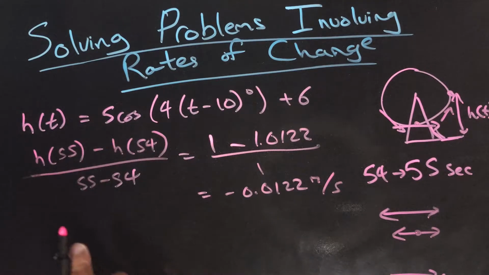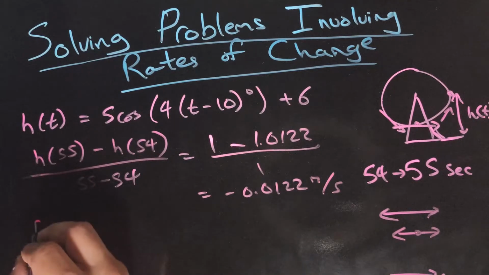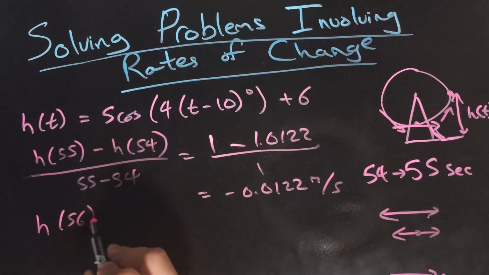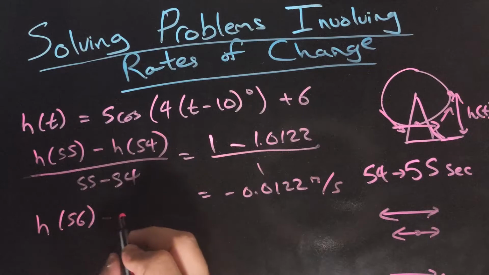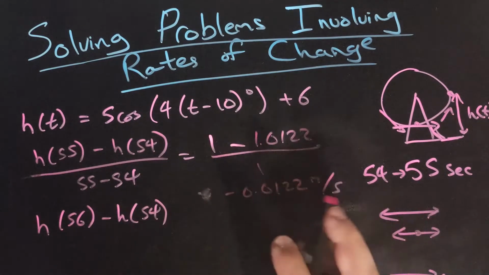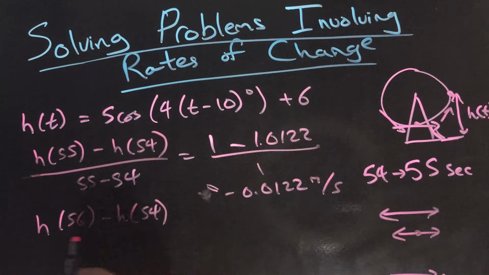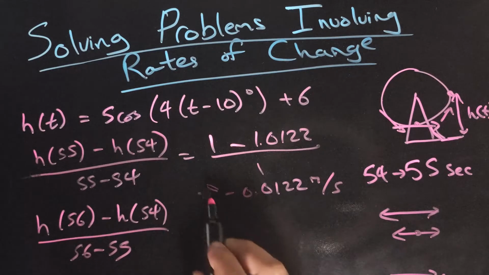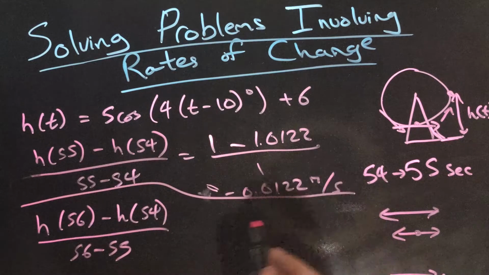And now we're going to do the exact same thing with h at 56 minus h at 55, all divided by 56 minus 55. So let's just put a line here.